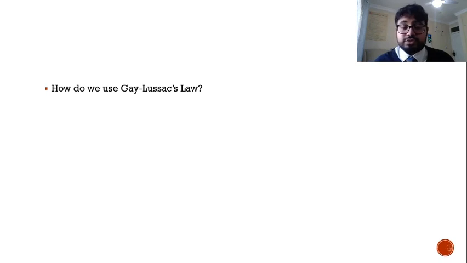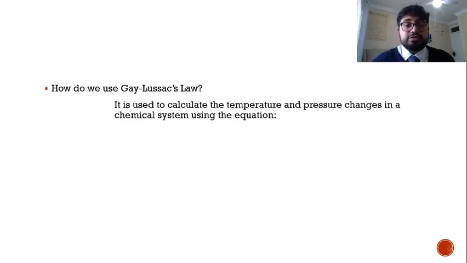We use it as an equation to calculate the temperature and pressure changes in a chemical system using the equation P1 over T1 equals P2 over T2. Now, just like Charles' law, the unit for the pressure does not matter.